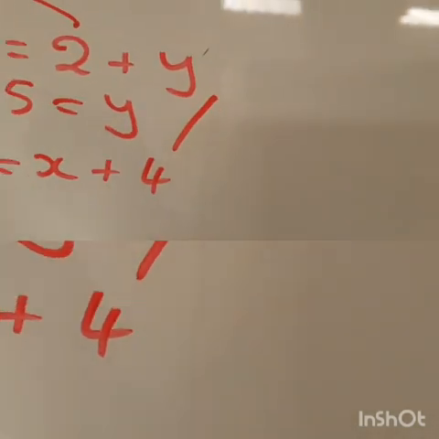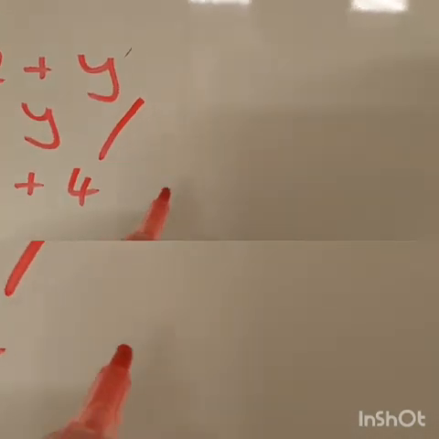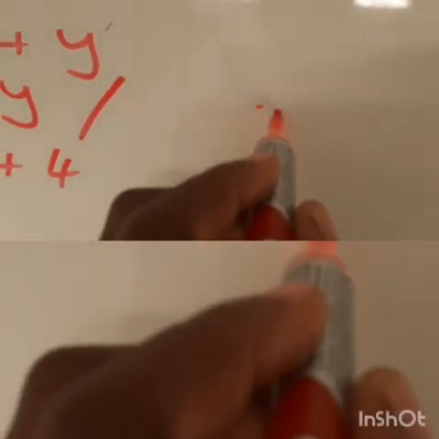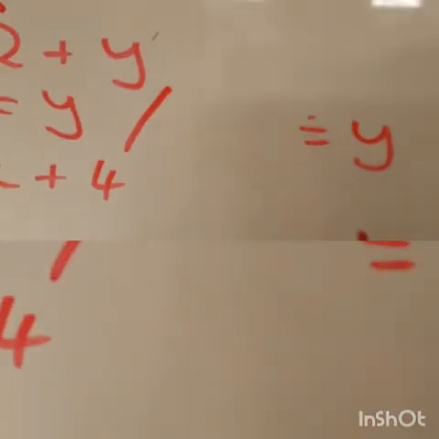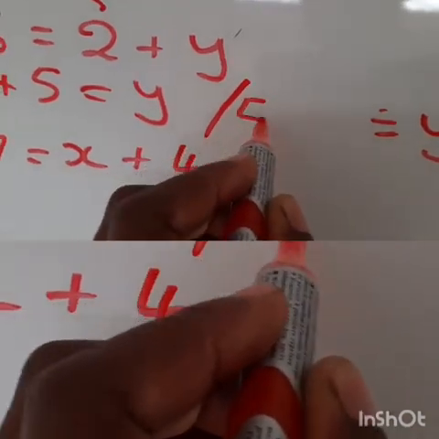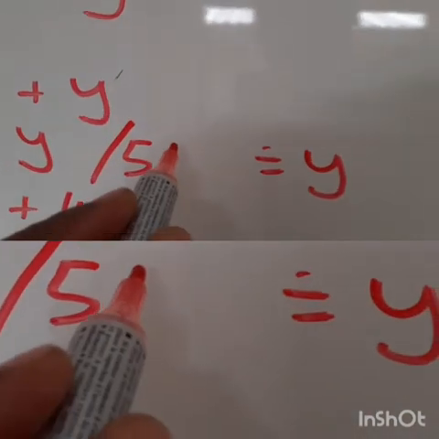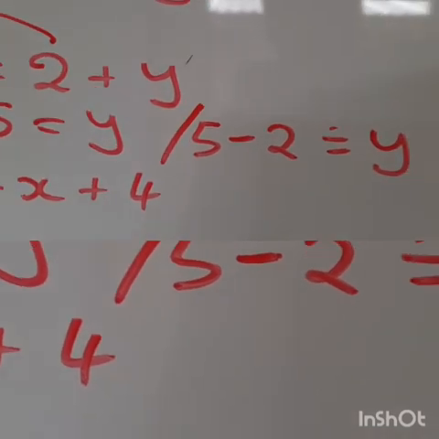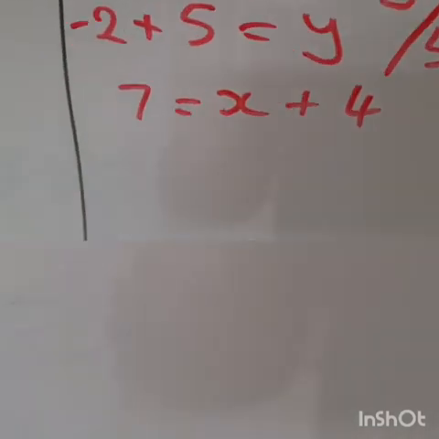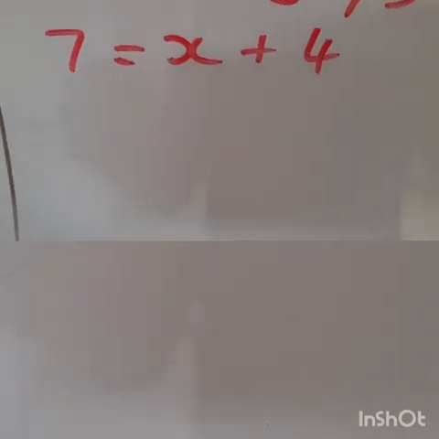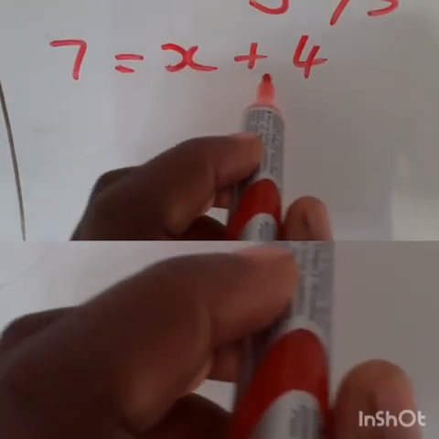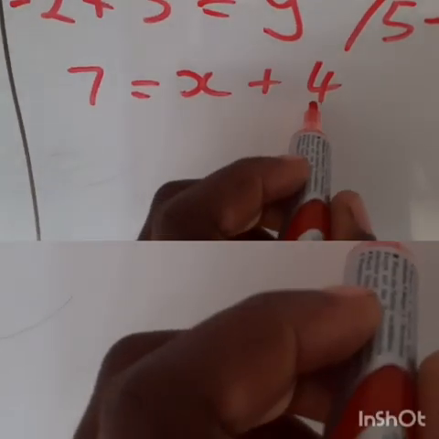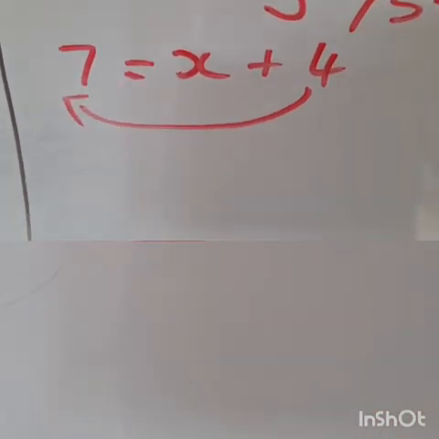Another way you can do this is saying, I'm left with my y here. I had 5 here, so I'm transposing my 2, it becomes 5 minus 2. Then my y would become 3. Okay, the last example would be 7 equals x plus 4. Now it means I have to move the 4 this side.